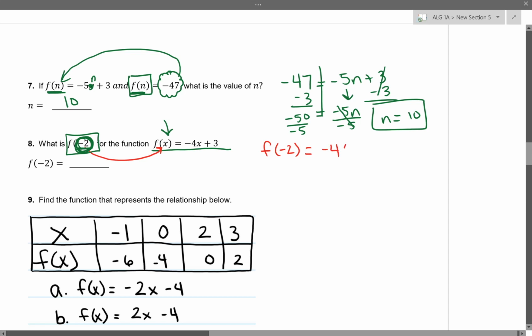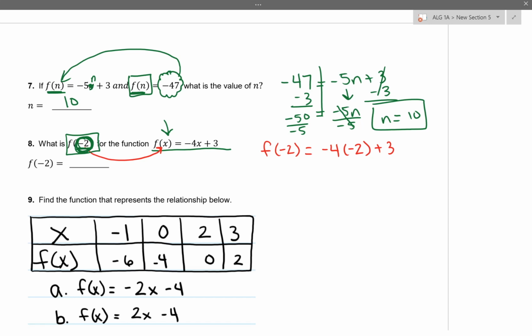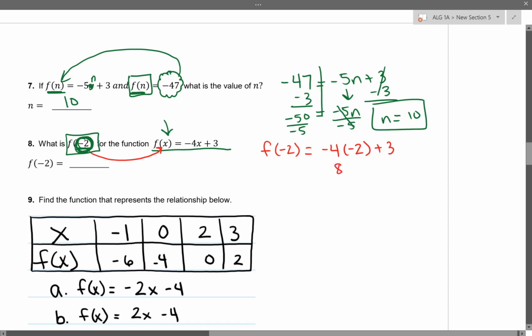So negative 4 times negative 2 plus 3. So right here, negative 4 times negative 2. Well, negative times a negative is a positive, and therefore 4 times 2 is 8. Then I do plus 3.